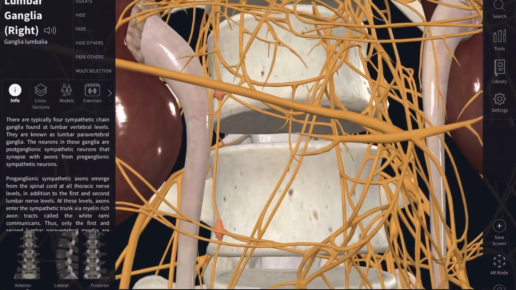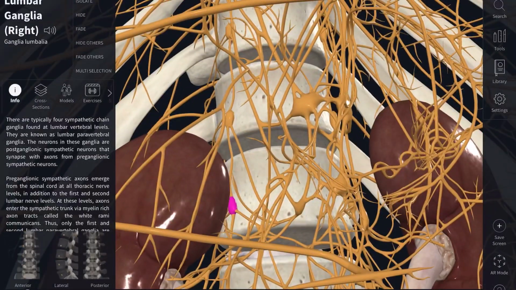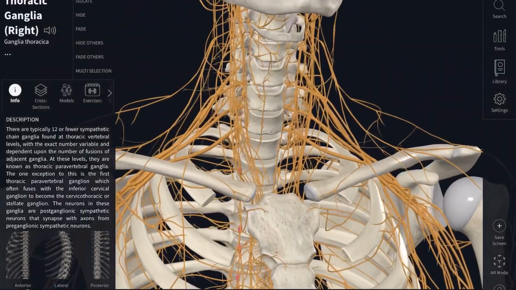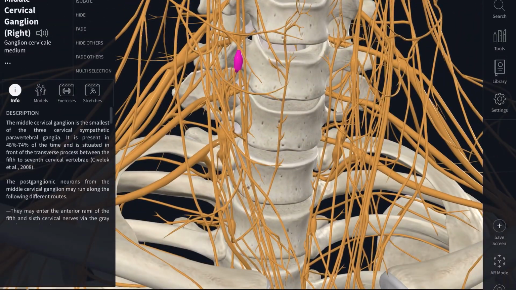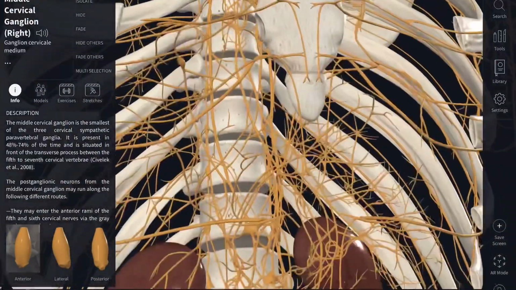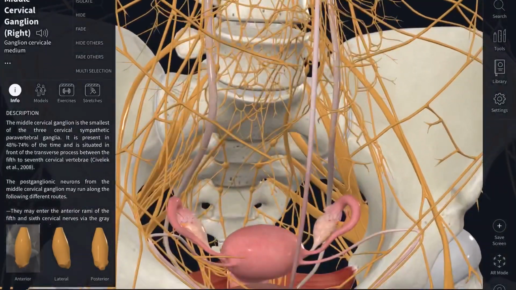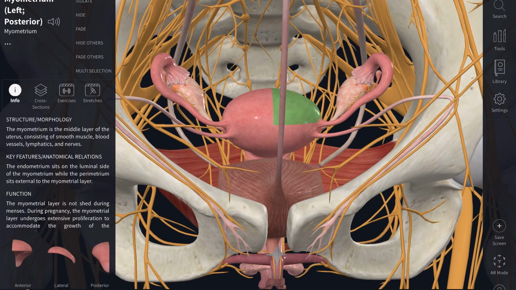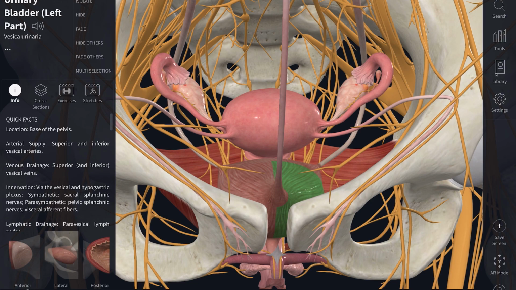And here you can see the ganglia, which are these dense bodies of cells that are found along your chain ganglia, and they are the most important components of the splanchnic nerves and the autonomic nervous system of your body. And just to recap, the autonomic system is divided by the sympathetic and the parasympathetic system.